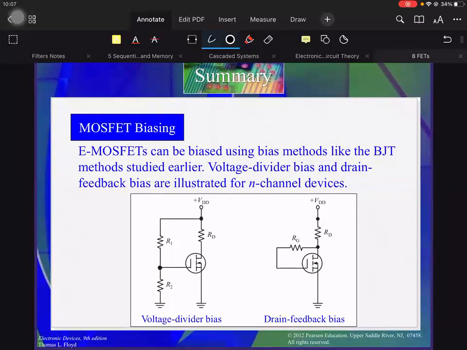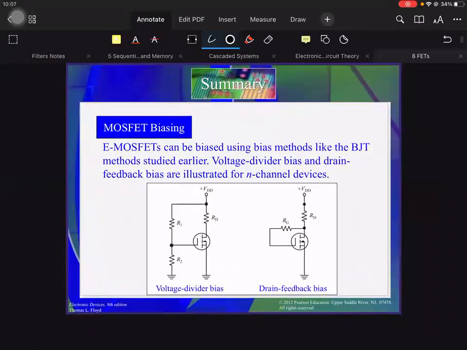E MOSFETs can be biased using bias methods like the BJT methods studied earlier. So the analysis of FET circuits, whether JFET or MOSFET, is very similar to the BJT.